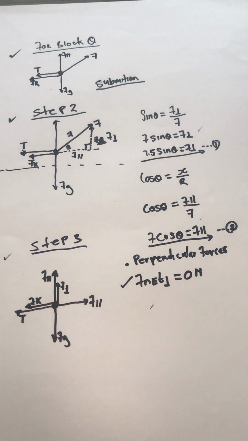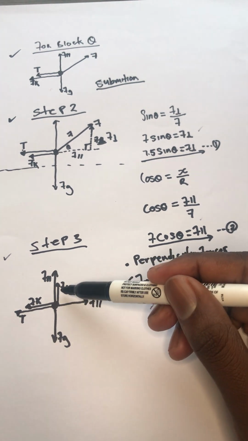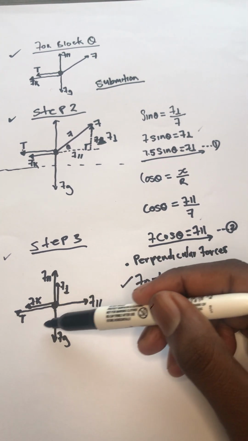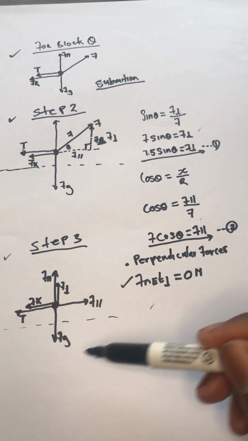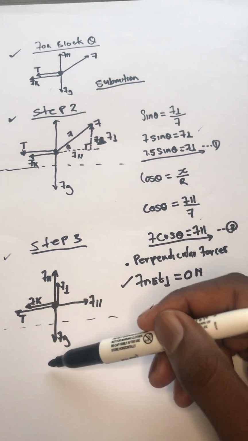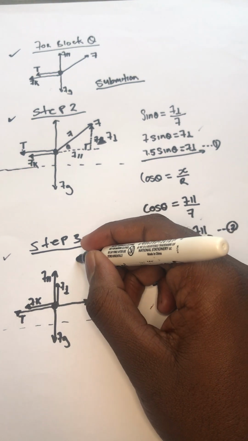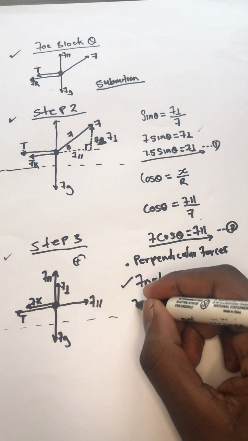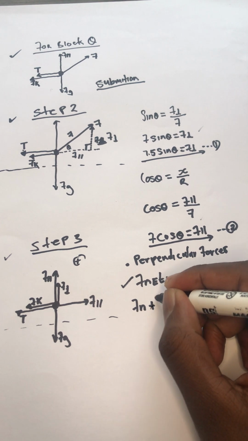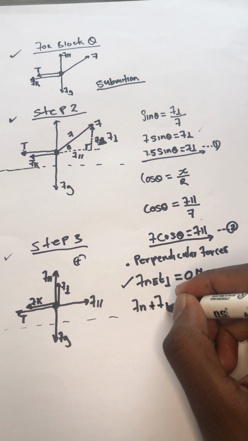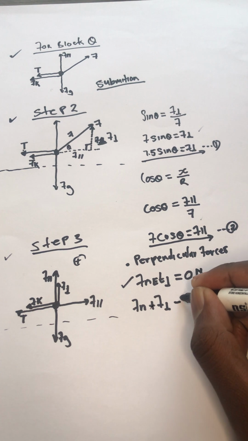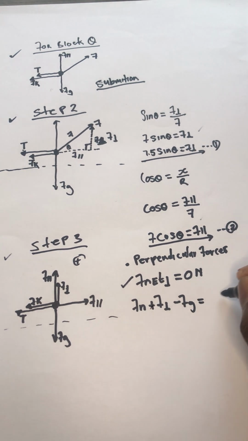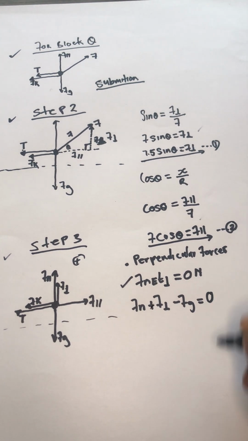Okay, so uma ngiwabheka ke mama forces are perpendicular to the surface. If this is your surface, now my forces that are perpendicular to the surface. Okay, let's take upwards as positive. Okay, so it's Fn plus F perpendicular minus Fg will be equal to 0.